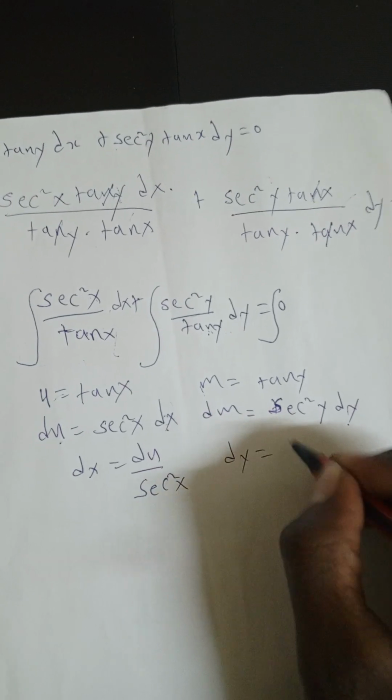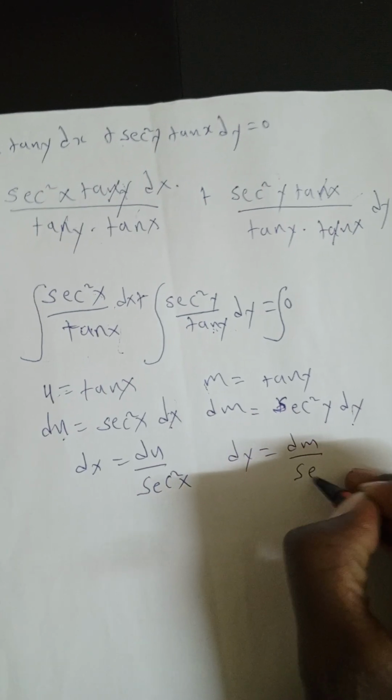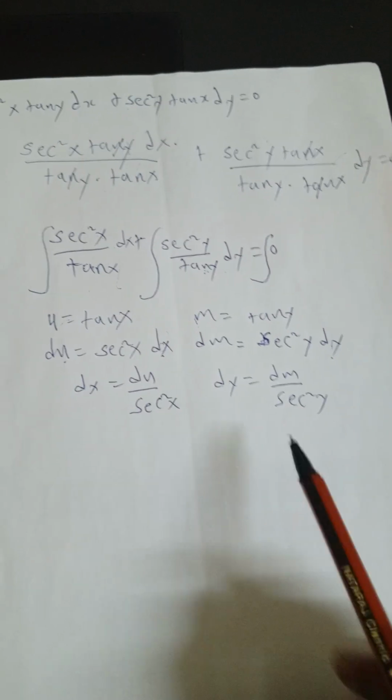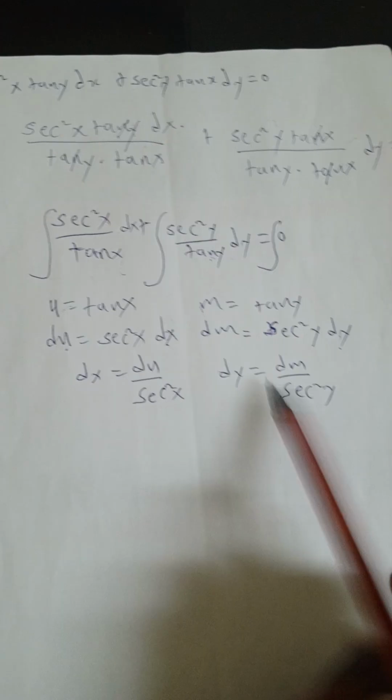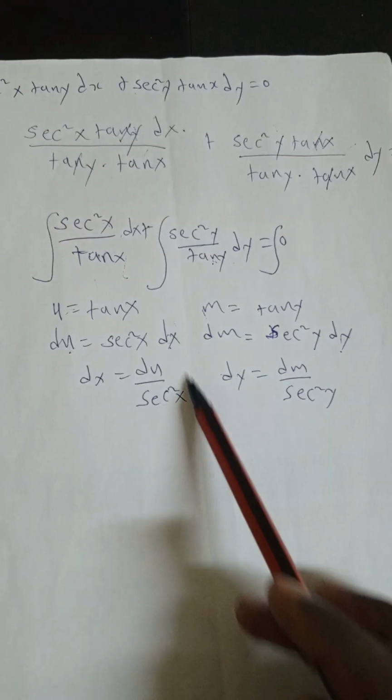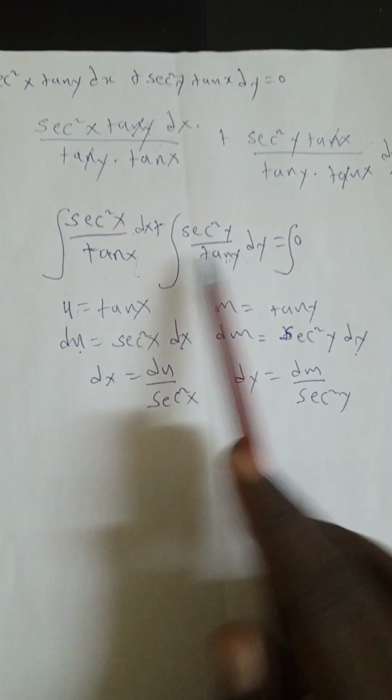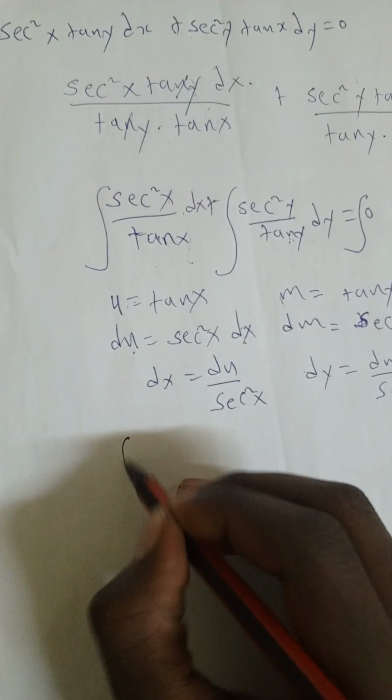Then the dy is the same as dm over sec²y. So where there is dy, I'm going to replace with this. Where there is dx, I'm going to replace with this. Then tan x will be equal to u, tan y will be equal to m. And we'll see how things will play out.